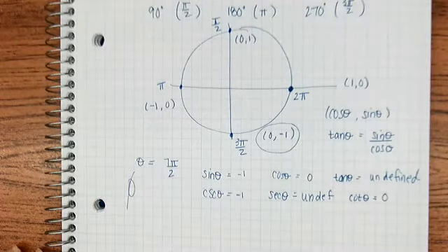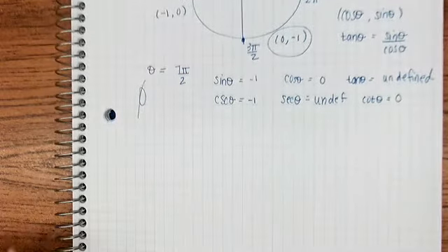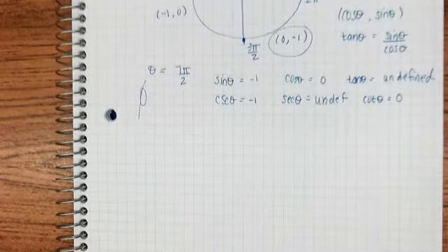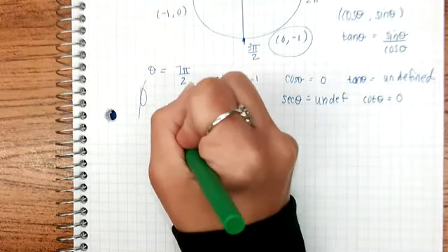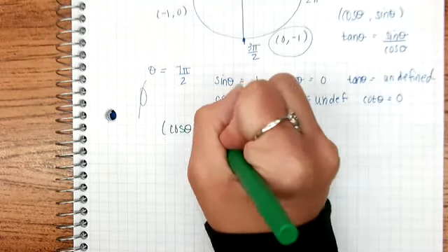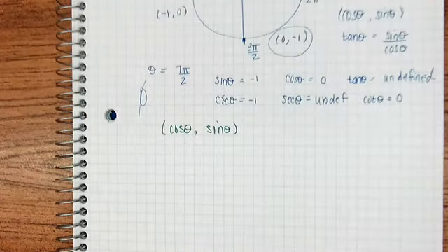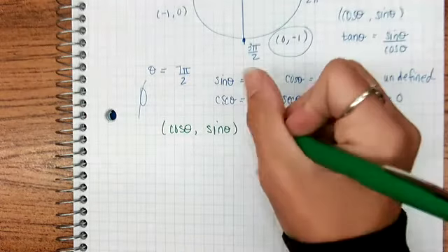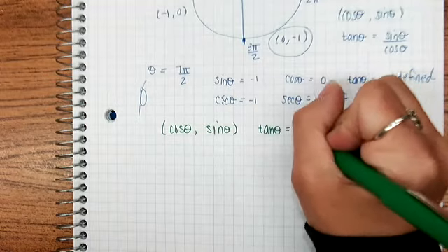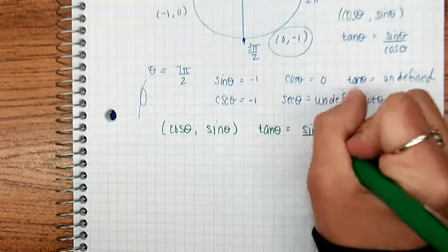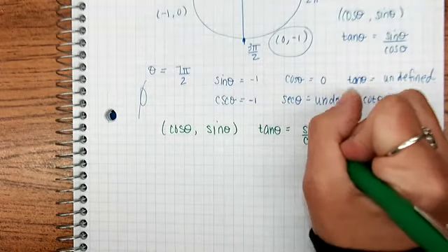So putting it all together, in the unit circle, the ordered pair represents cosine comma sine. Tangent is sine over cosine.